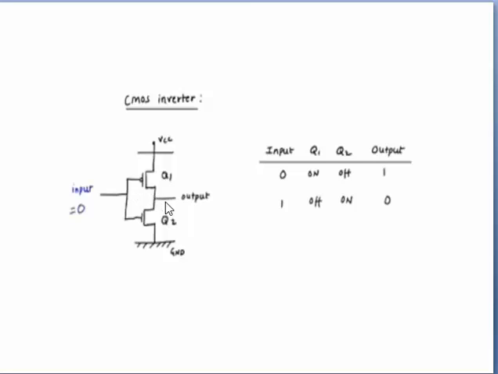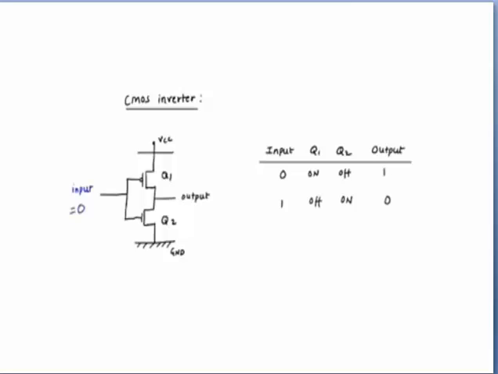We are getting the output as 0 because the upper side transistor behaves as an open switch, and the lower side behaves like a closed switch, so output is 0. So this is all about the working of the CMOS inverter.